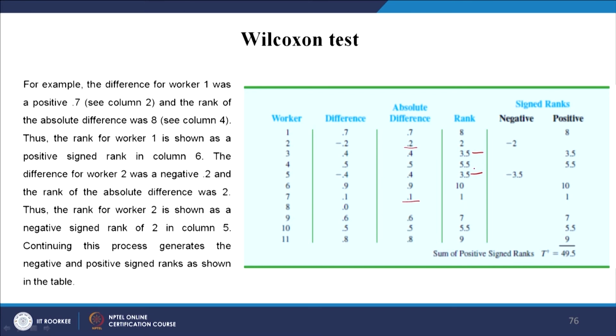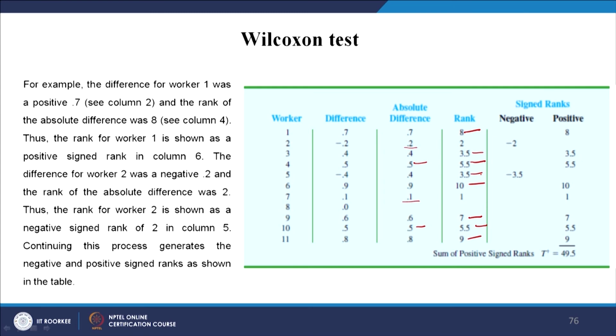Then the next rank after 3.5 is 5, and there is some similarity here too: this is also 0.5, this is also 0.5, so after 3.5 the next is 5.5, 5.5 here, 5.5 here. Then the next is the 7th, then 8th, then 9th, then 10th. This is how the ranks are to be made.